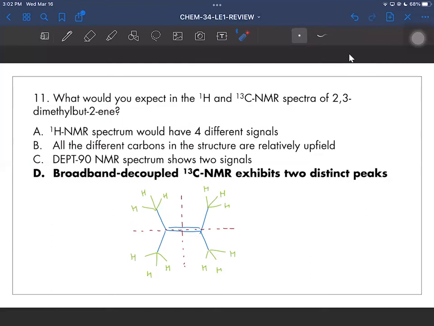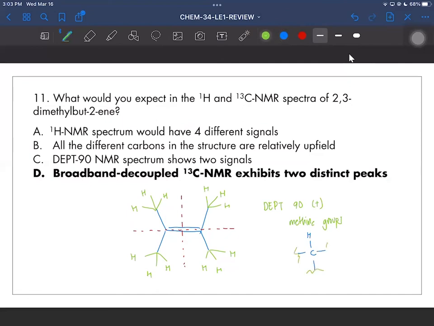Letter C. The DEPT-90 NMR spectrum shows 2 signals. The DEPT-90 in carbon NMR shows a positive signal when we have a methine group. So methine groups are just CH groups, a carbon and one H. Meanwhile, the connectivities are different here.